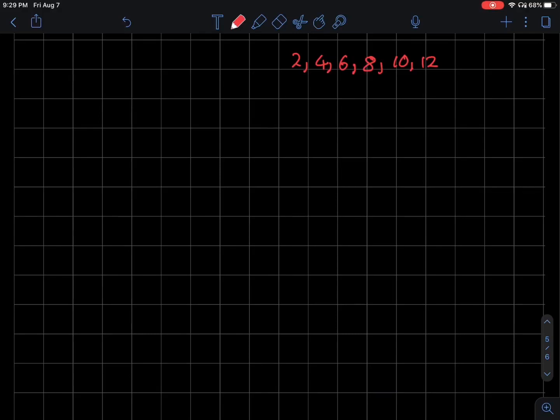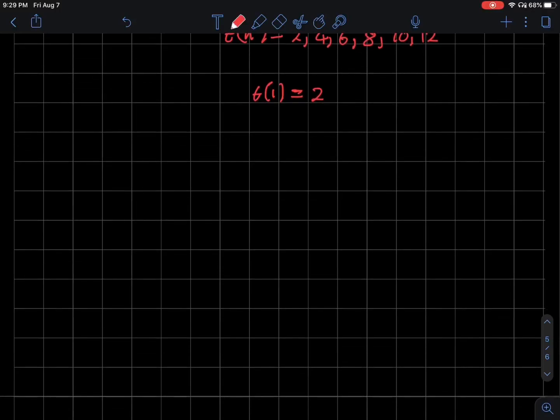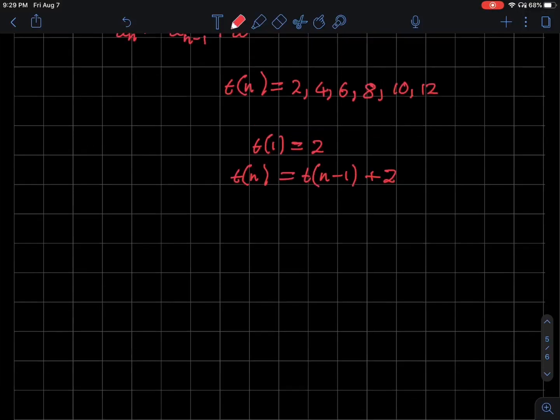So the way you define this is you let the sequence t of n equal the sequence, and then we say t of 1, or term number 1, is equal to 2, as in this case. And then we say t of n is equal to t of n minus 1 plus 2.